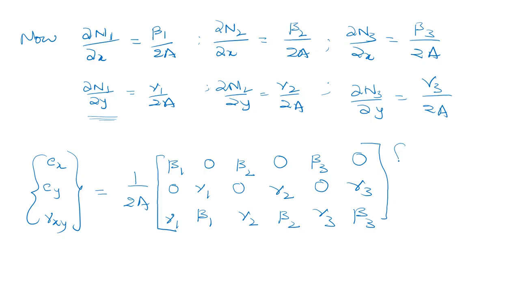Multiply with the displacement vector u1, v1, u2, v2, u3, v3. This is equation number 7.